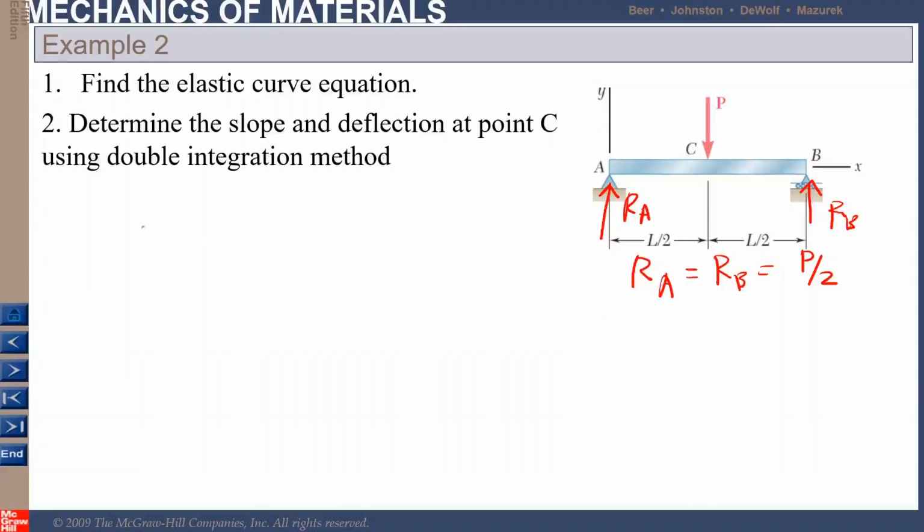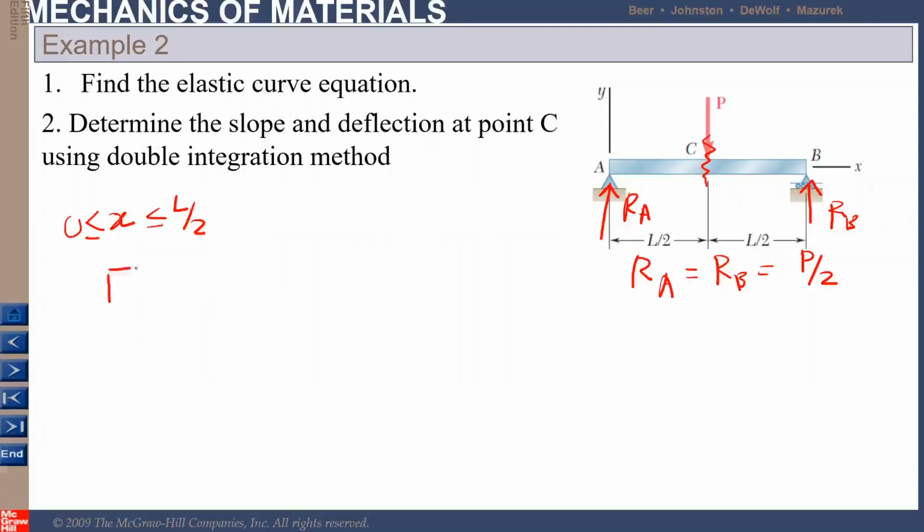In this case, what you need to do is find the moment equation for the length up to a point here, so we can cut at this point. We can determine that the value of x, the distance of the moment that we need to find, is in between 0 and L/2.